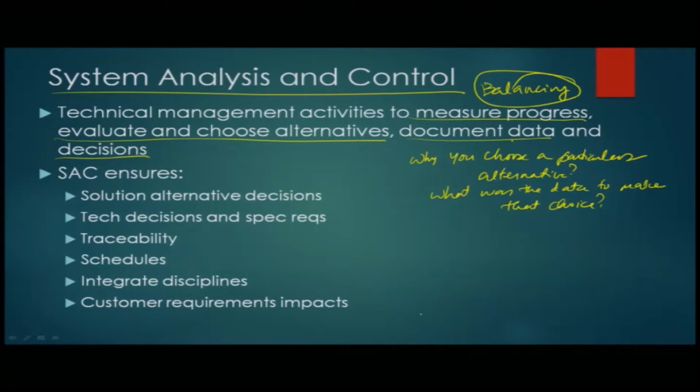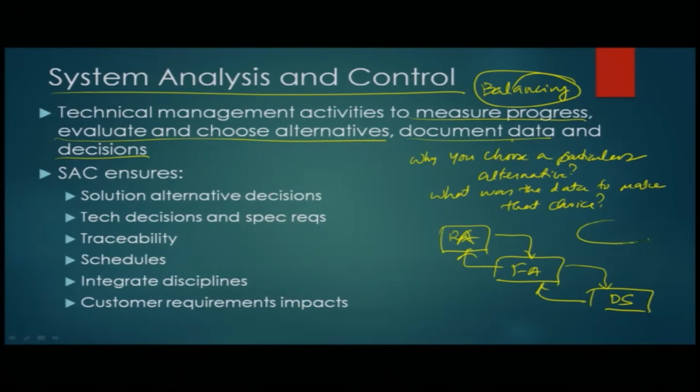So the systems analysis and control, SAC, ensures these aspects while you are doing these three loops: requirement analysis, then functional analysis, then design synthesis, and you go through these loops. But the balancing SAC ensures that all these things are kept under control.